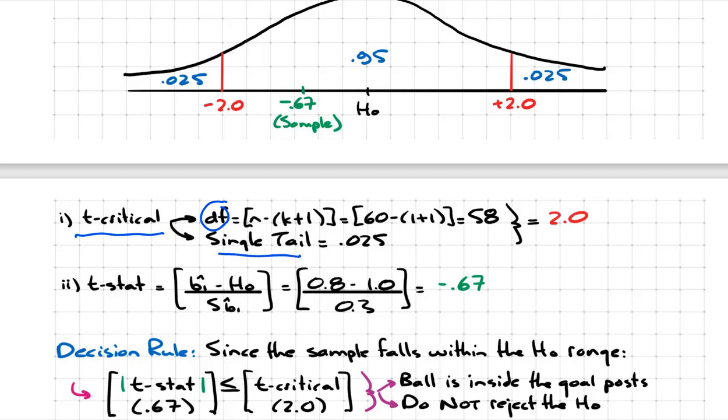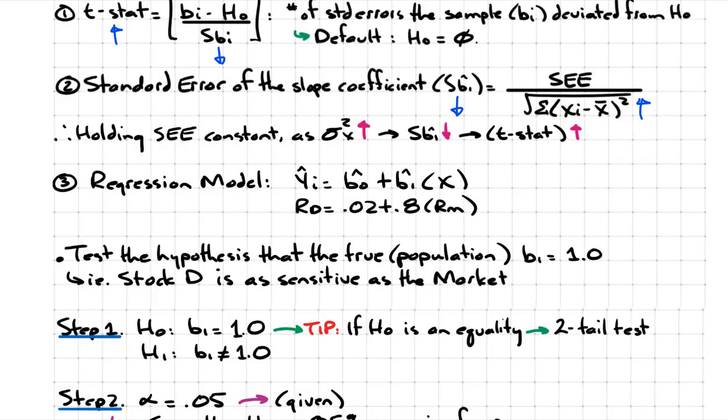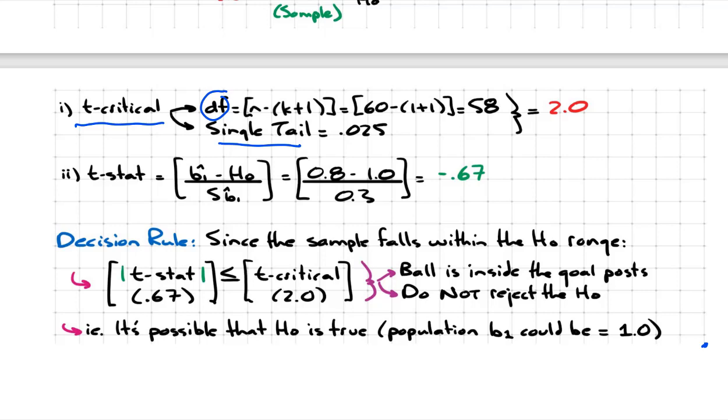Now the degrees of freedom in this case would be n minus k minus 1, where k is the number of independent variables in the regression. In our illustration, we only had one independent variable, the market return. That's why for k, I just plug in 1. So therefore the total degrees of freedom would be 58.